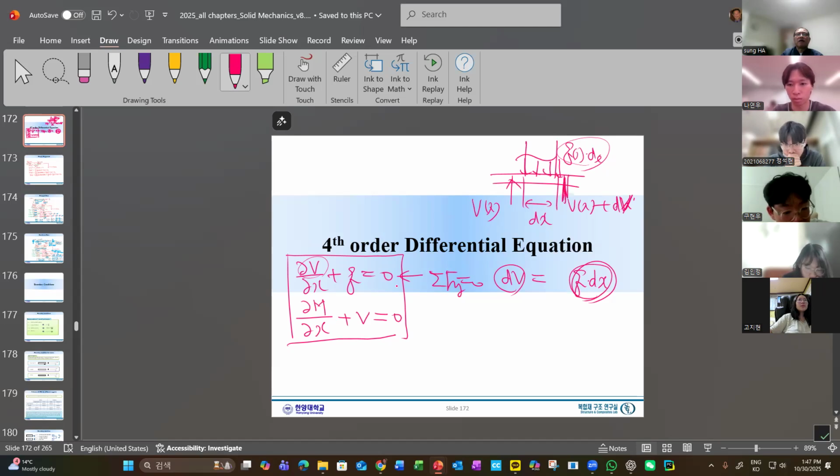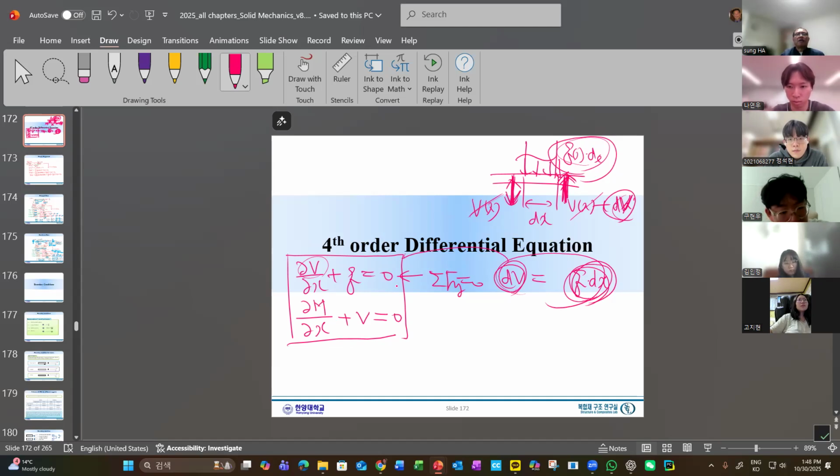This is the V upward, and on the left-hand side V downward. So this dV should be the same as Q(x) dx, right? This increment dV of vertical force should be the same as Q dx. Very simple. You can have a dx and you can get this.